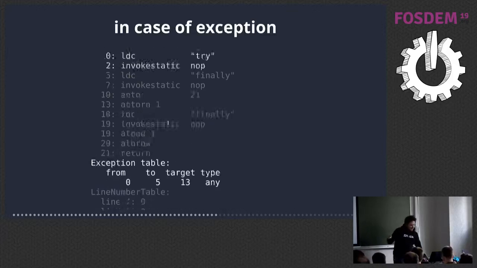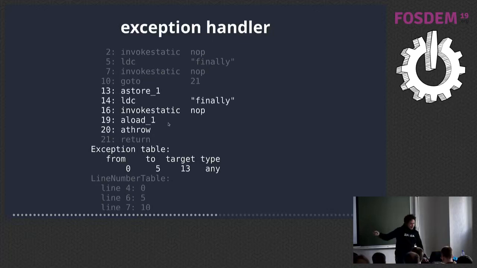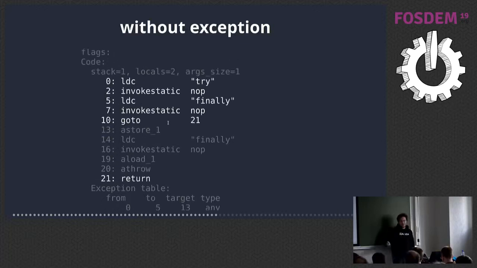So in case of an exception, we're going to catch it and execute the exception handler. And this is exactly the second finally. It's a finally inside of the exception handler. And on a normal path without an exception, we also should execute finally. So in order to use the exception table to implement finally, we actually need to duplicate finally 2 times. That's the trick.